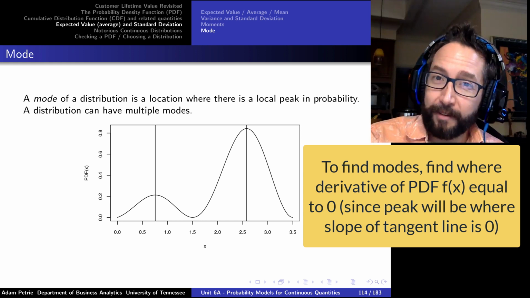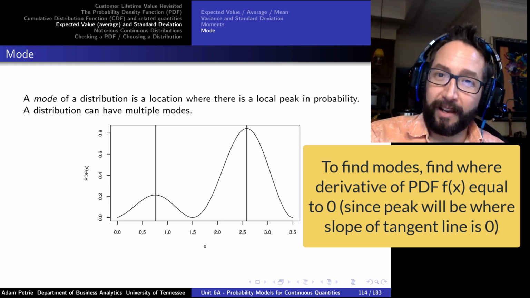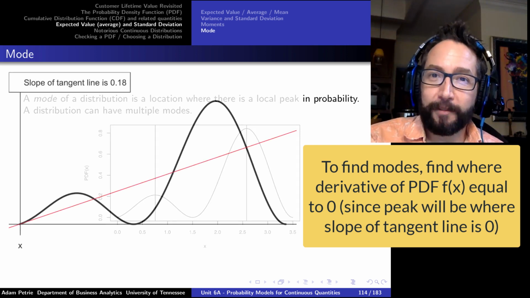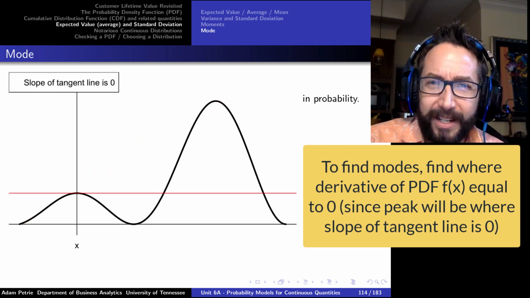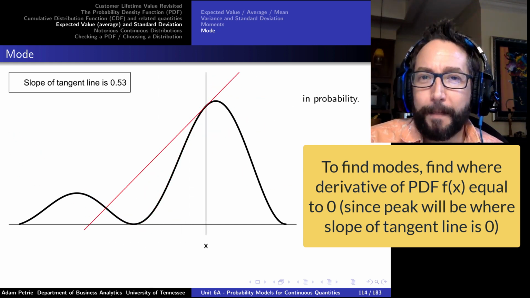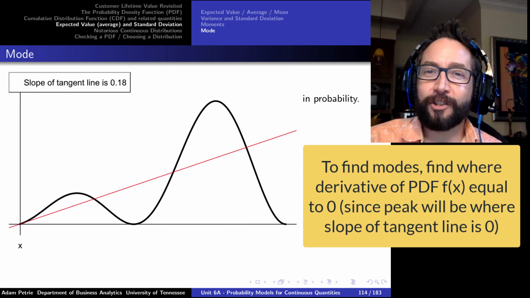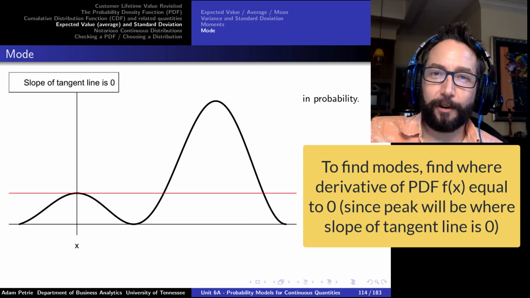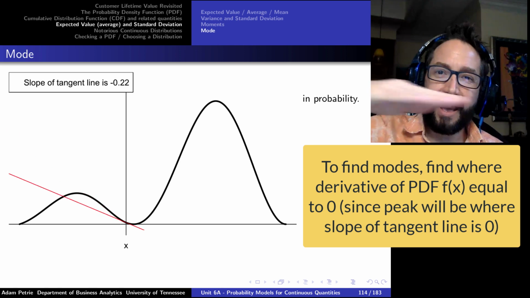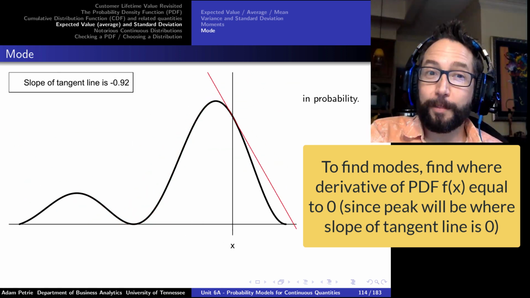Now, the derivative of the PDF is going to be the slope of the tangent line to the PDF at that value of x. And so if we focus in on the shape of the distribution, we can see that a peak happens where the derivative, or the slope of that tangent line, is equal to 0. Momentarily, at least, that tangent line is completely horizontal with a slope of 0.